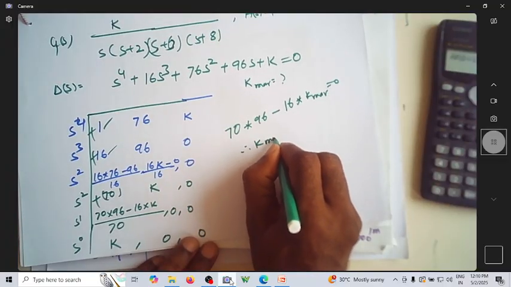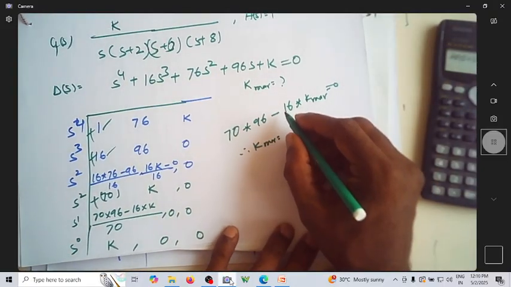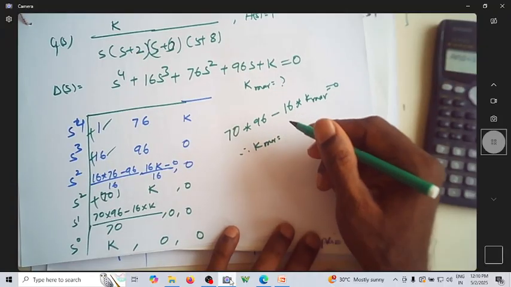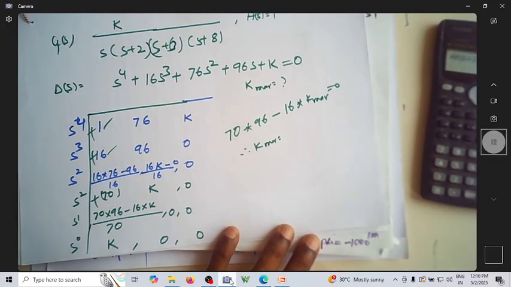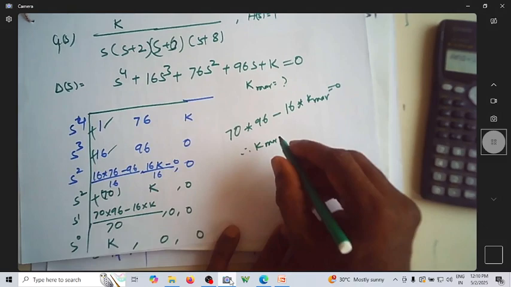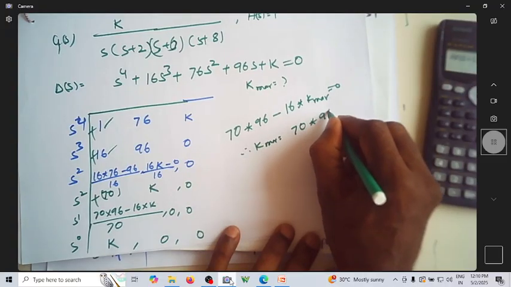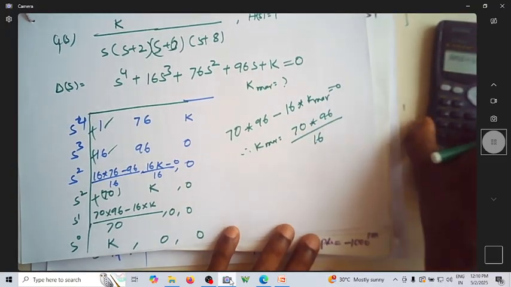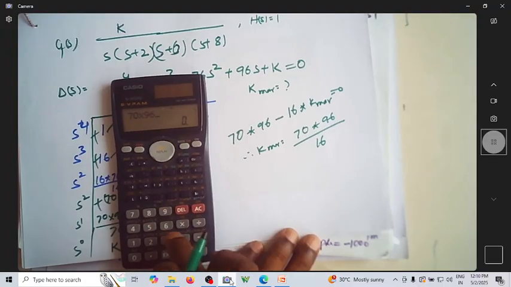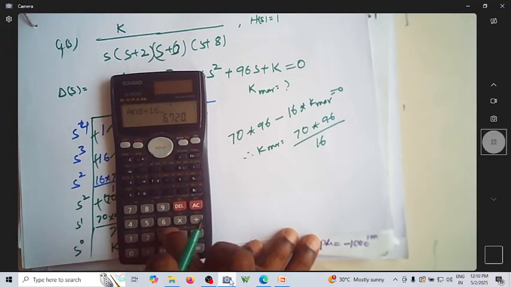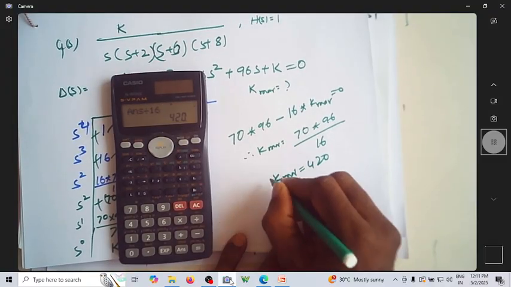Therefore, k margin is 70 into 96 divided by 16. That is 4.4. K margin is 420.